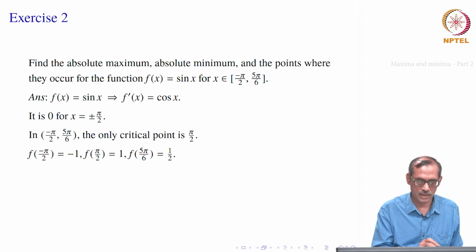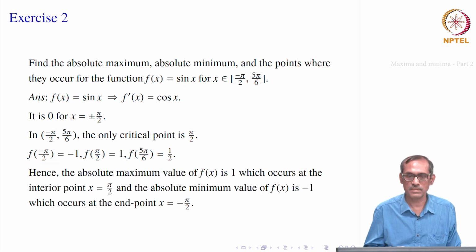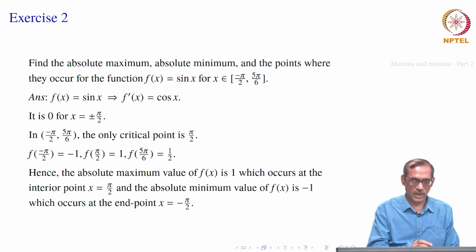There we have to compare all the values. So, sine of minus pi by 2 which is minus 1, sine of 5 pi by 6 which is half, and sine at the critical point pi by 2 is 1. So, out of this, maximum is at pi by 2 and minimum is at minus pi by 2, which is minus 1. That is what it says. Fine.